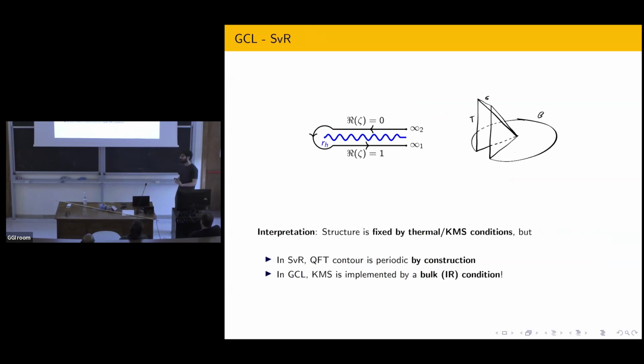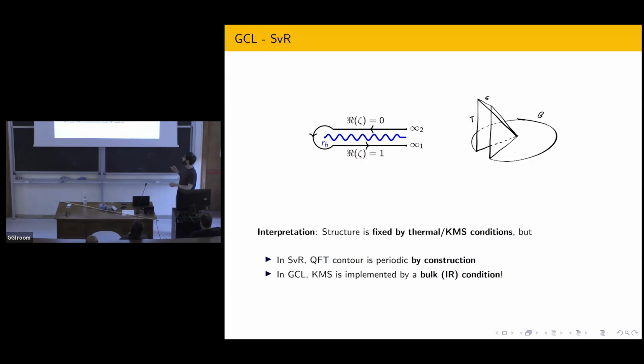The statement that we want to make, the interpretation of this agreement, is that this structure of the bulk solutions on the two Lorentzian sheets is fixed by the thermal or KMS condition that I showed at the very beginning. So in Schwinger-Keldysh, the quantum field theory contour is periodic by construction, and you fill this complex time contour with a bulk.